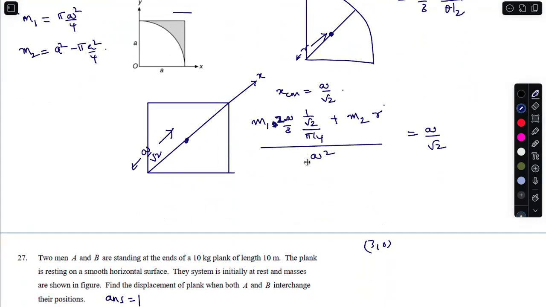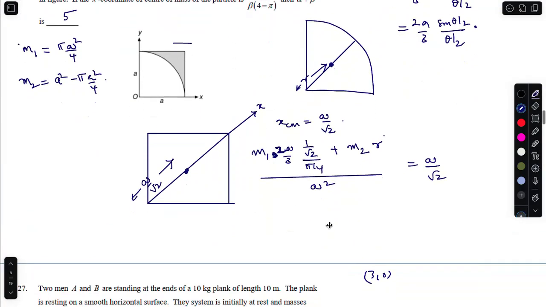Now the question is, M1 contains pi a square by 4, 2a by 3, 4 by pi root 2, M2, a square common, 1 minus pi by 4 times R. R refers to what? That I need to find. Let us take this as R dash.